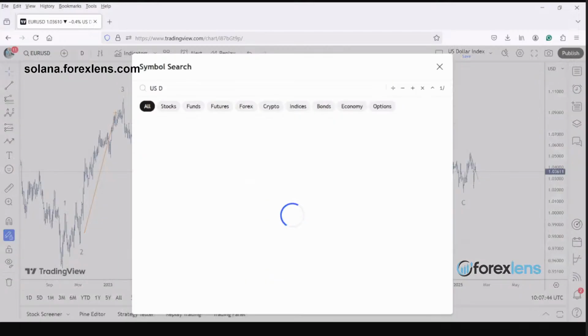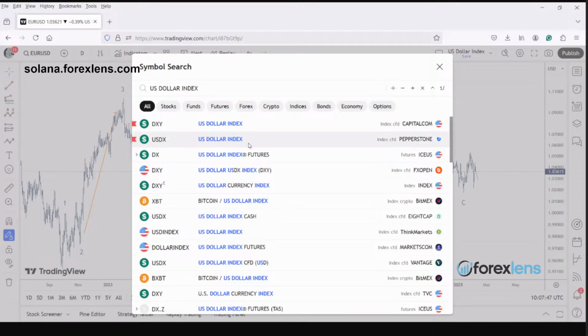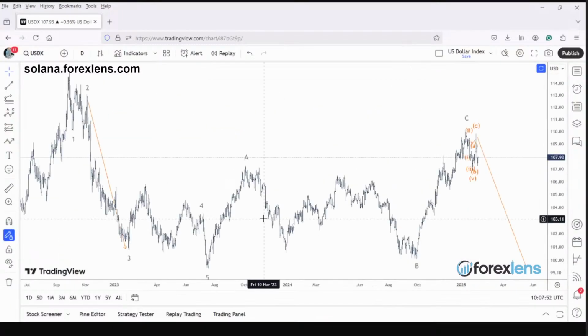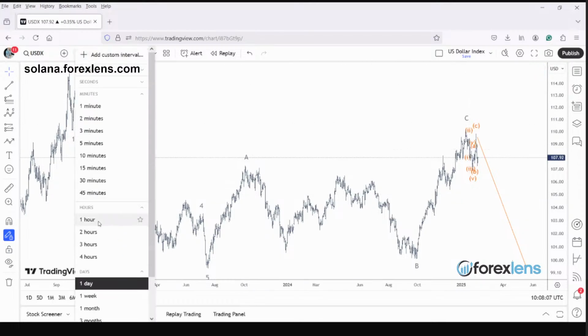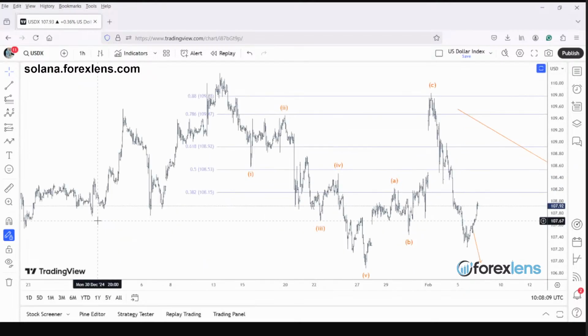Now the dollar index. Okay, so the larger degree structure is lower. We've got 5 down and 3 up. And let's go back to the hourly chart. I think that would be testing the backside of the trend line as well.